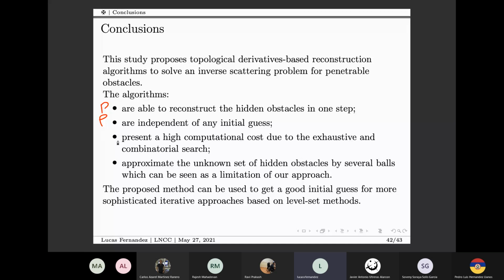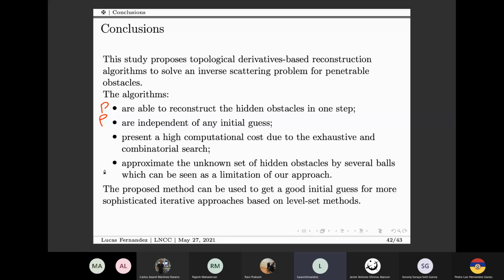On the other hand, the set of obstacles is reconstructed by ball-shaped geometries, which can be seen as a limitation of our approach, since there are some difficulties in recovering the shape of a more complex obstacle.